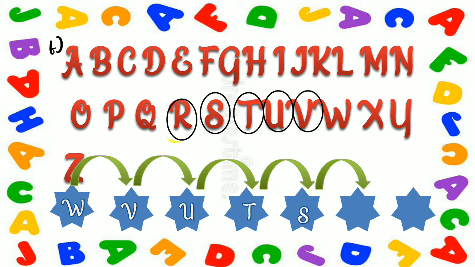So that's why we circle around R. Then we write here R. Then last, which is the next answer? So here we see R before Q. So Q is the next answer. So that's why we circle around Q and we write Q here.